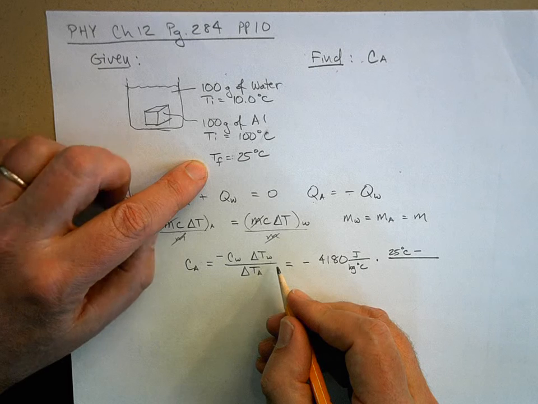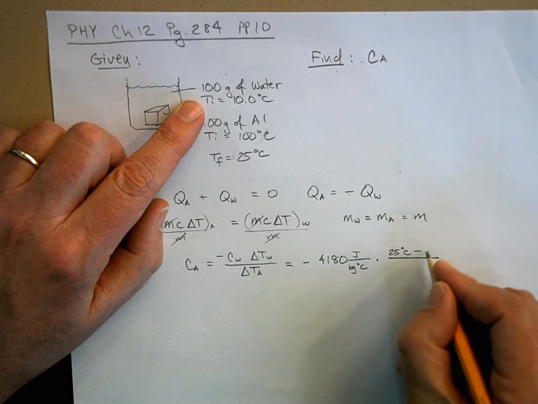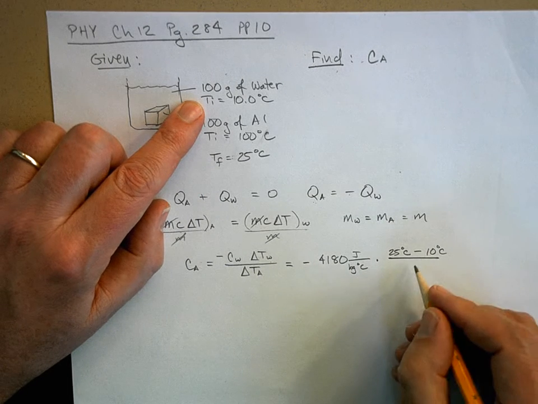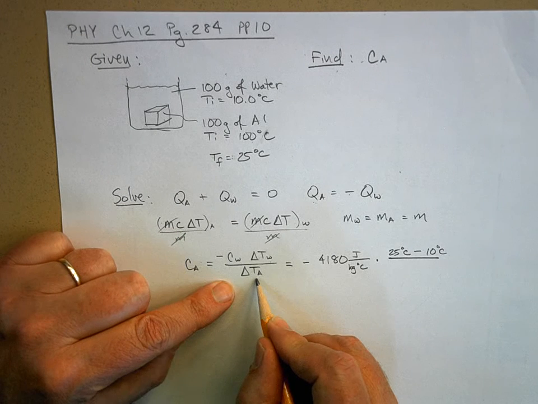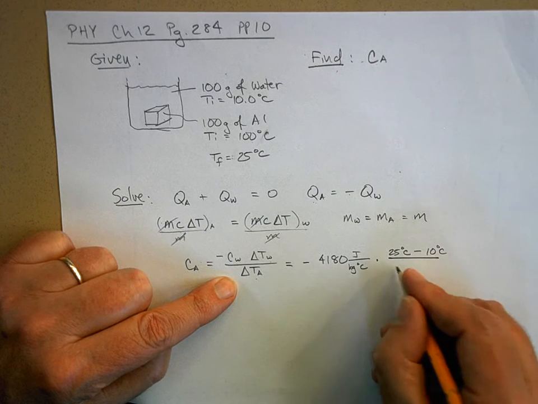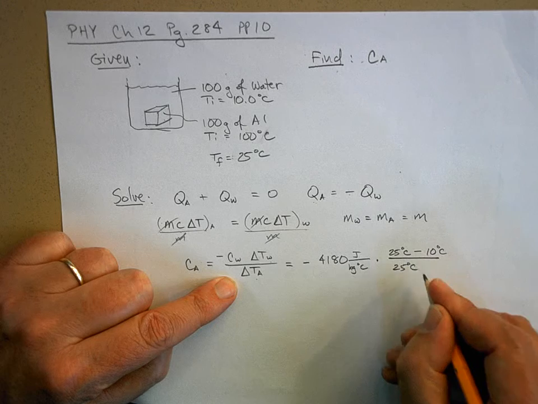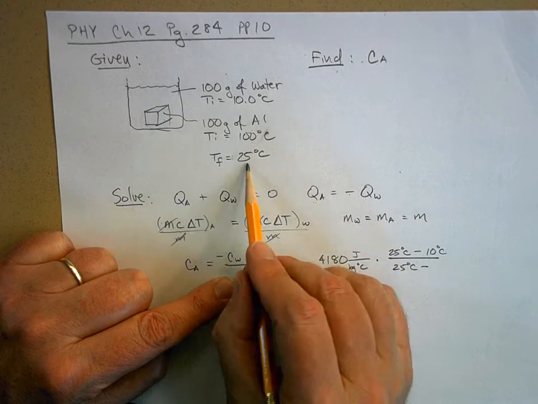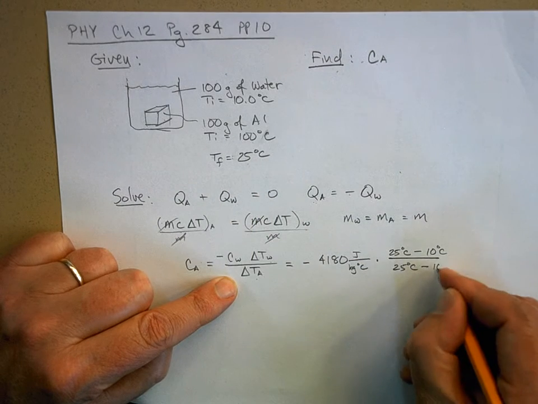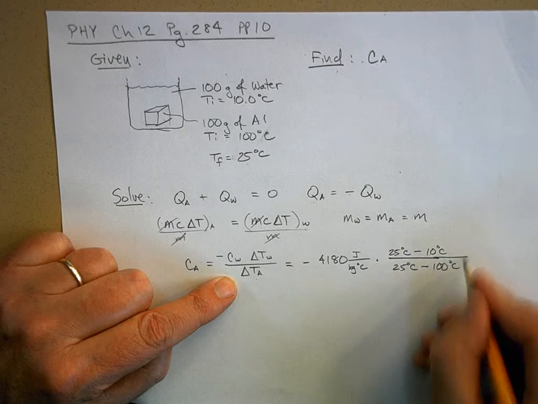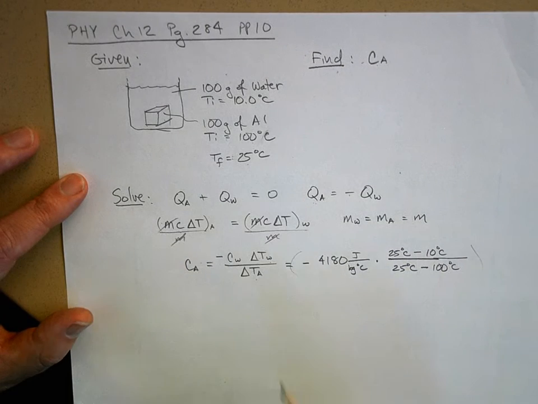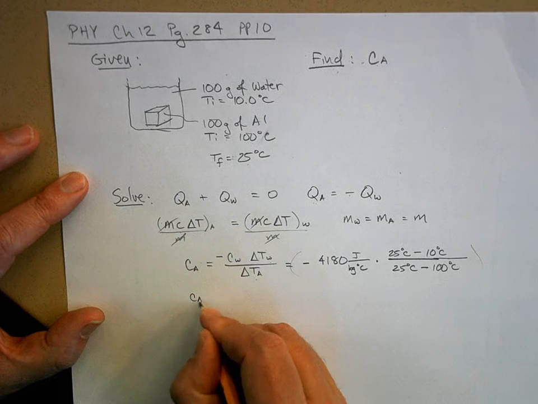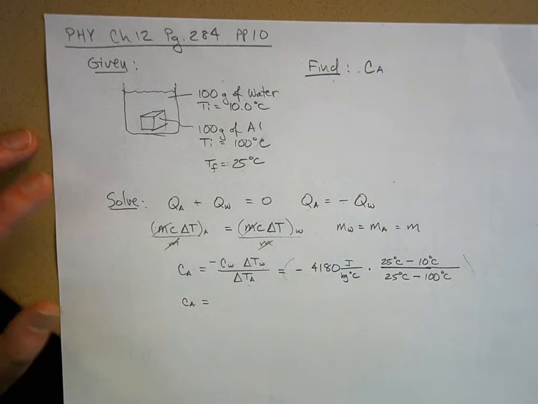What was T initial for the water? 10 degrees Celsius. Now for the aluminum, delta T was what? Well, T final was 25 degrees Celsius minus the initial temperature, 100 degrees Celsius. So I just have to get the calculator and do all that, and I'll have the specific heat of aluminum.